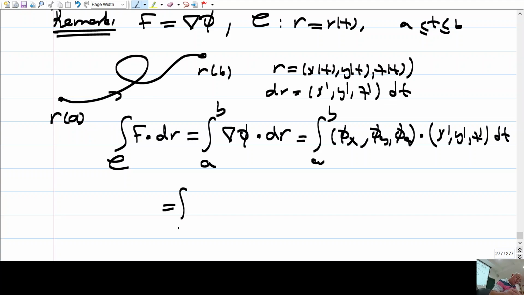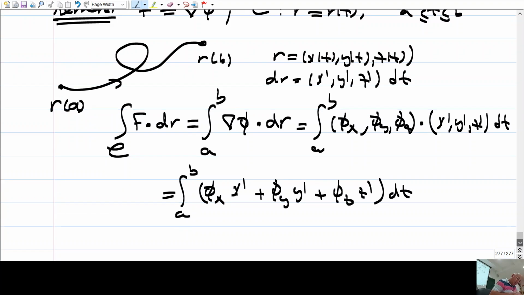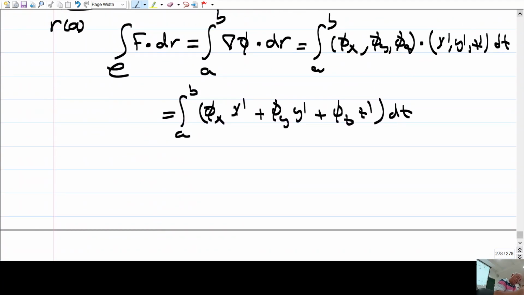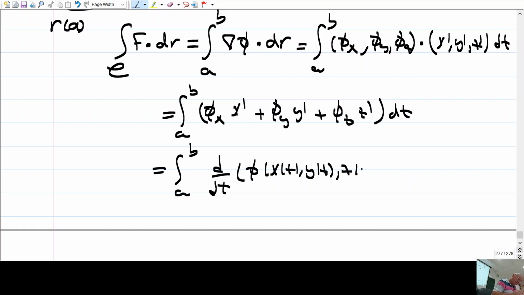So phi sub x times x prime, plus phi sub y times y prime, plus phi sub z times z prime, dt. But then the observation was this. I think I did this while we were trying to prove the theorem. What is this? This is nothing but d over dt of phi of x(t), y(t), z(t). Right?